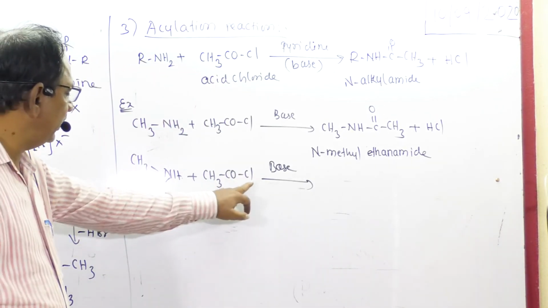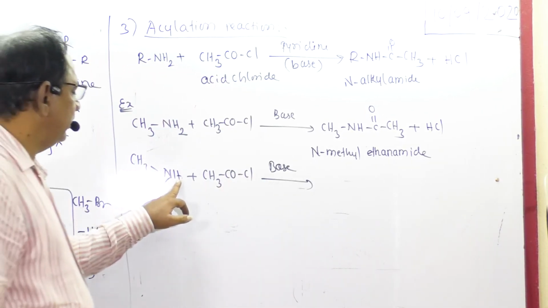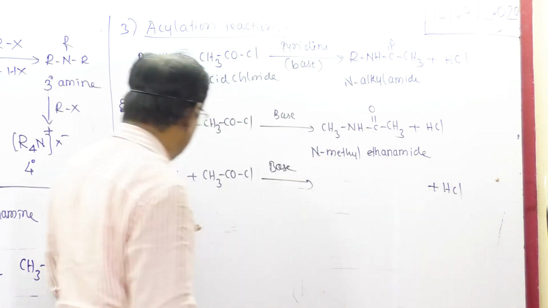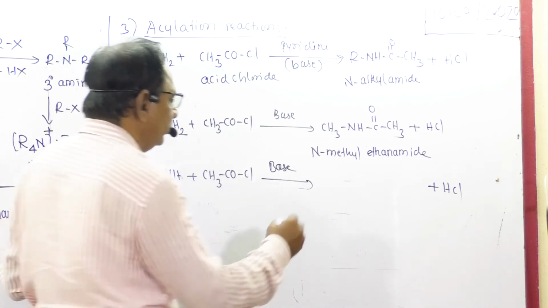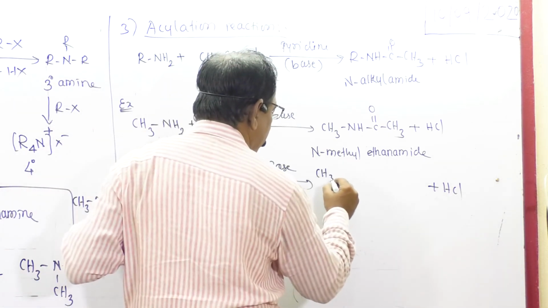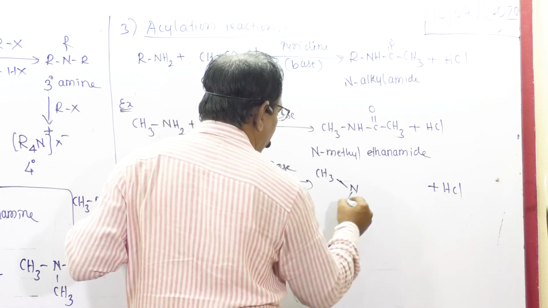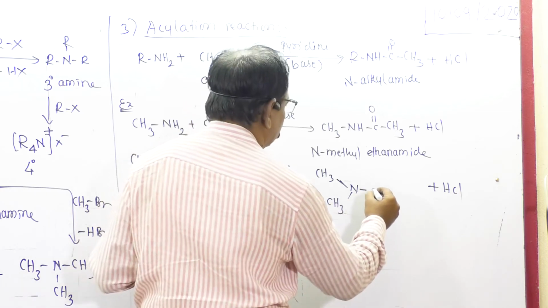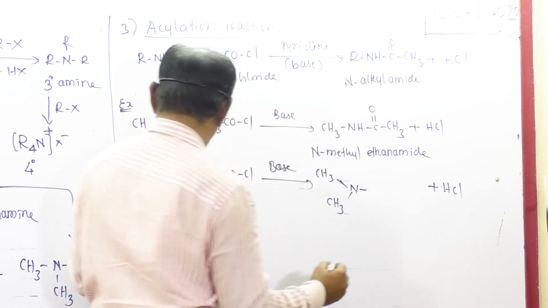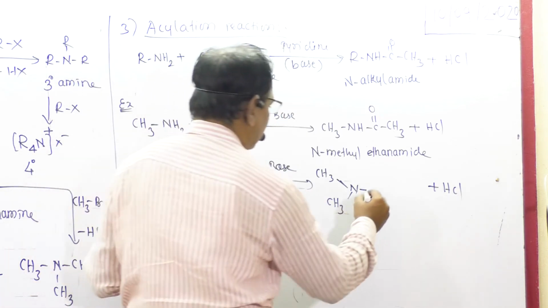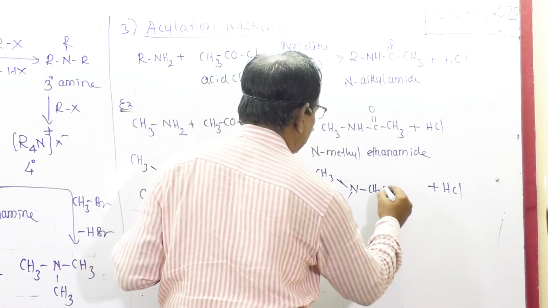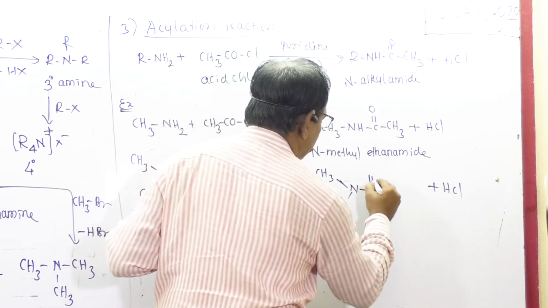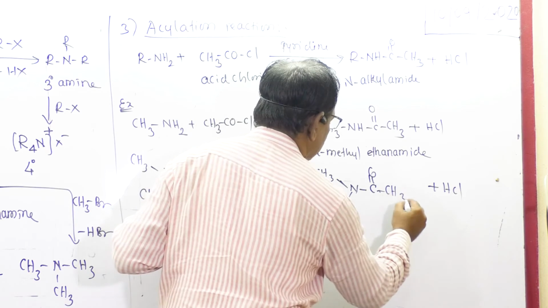So this Cl combines with H to form again HCl, and here is the secondary amine, that is CH3 NH CH3, with CH3COCl, giving CH3 CO N(CH3)2.